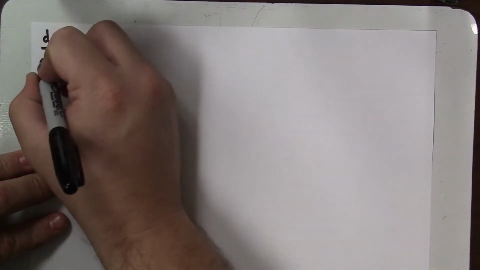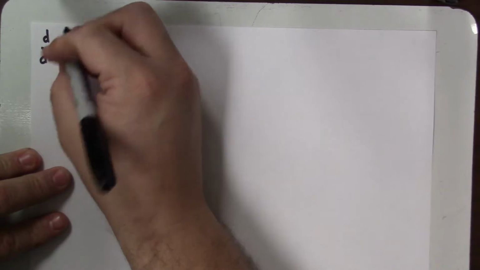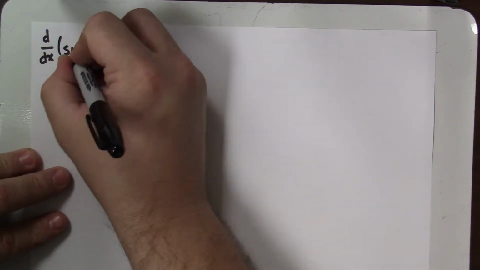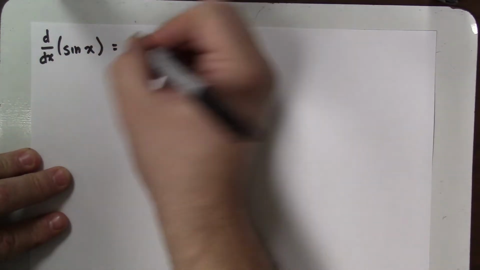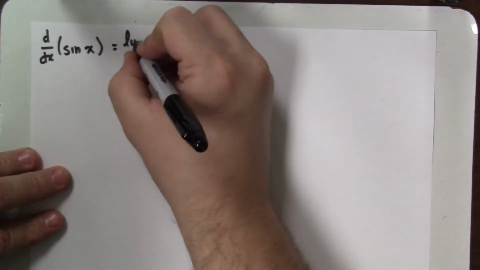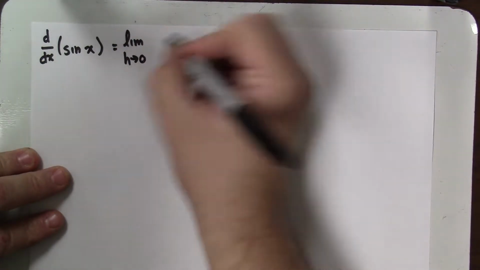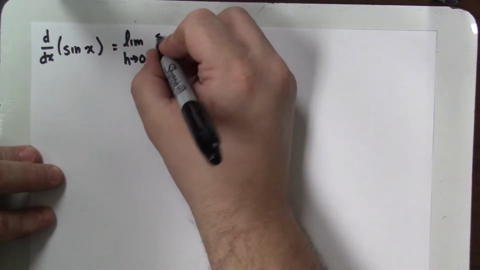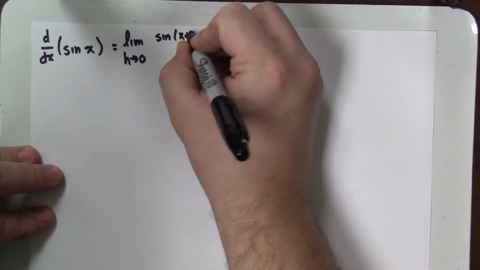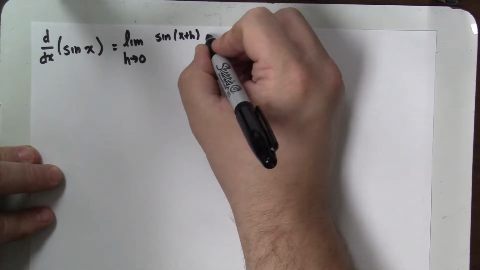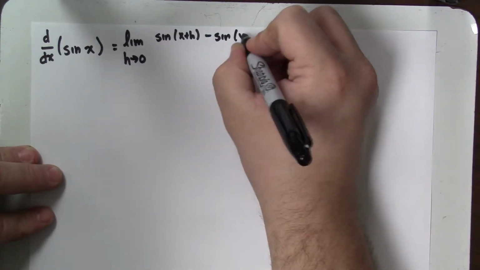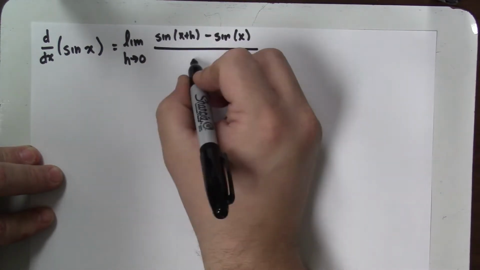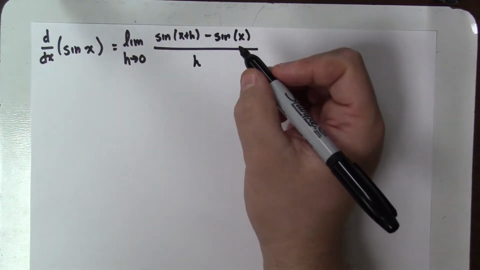The derivative with respect to x of sine x is the limit as h goes to 0 of sine of x plus h minus sine of x all over h.